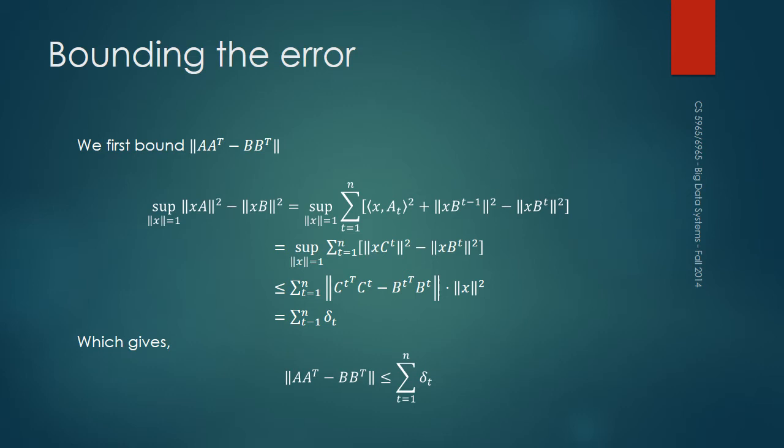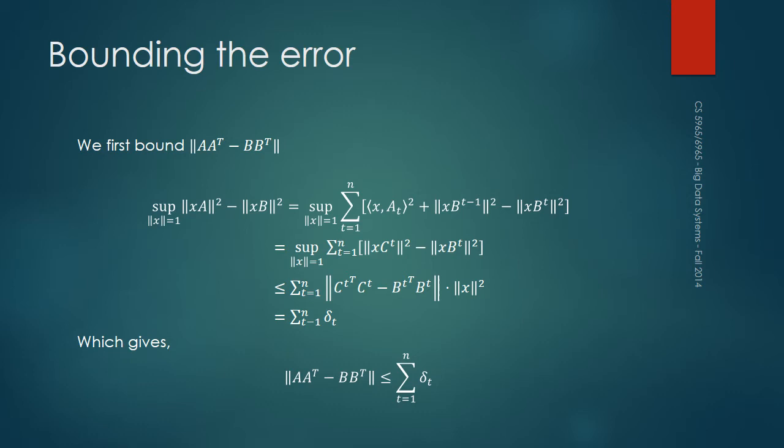We are tentatively representing that as C out here. That's all, right? If you compare this with the frequent items case, you'll see that they're almost the same version of the proof, except that you're using the matrix versions of all operations. Okay?